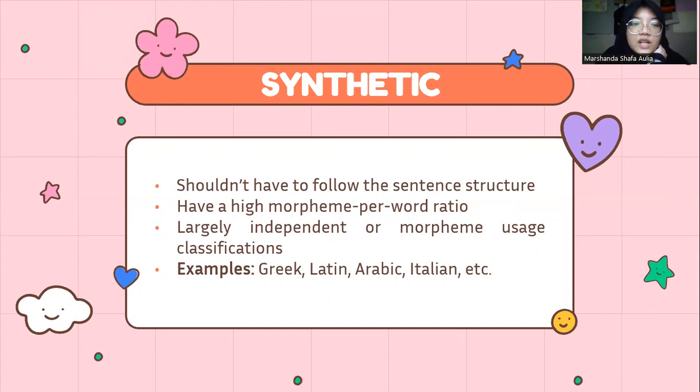Even if you put the subject at the end and the object at the beginning, it still has the same meaning, but it's different from the English language.